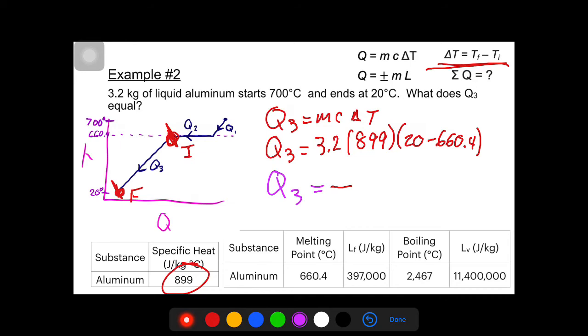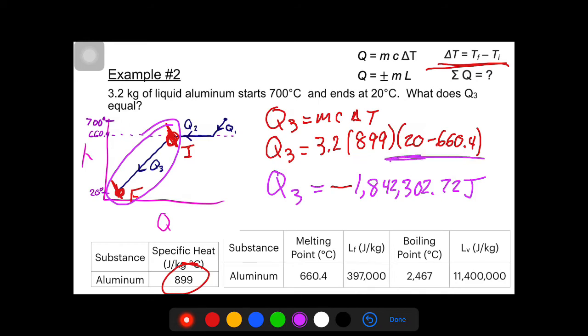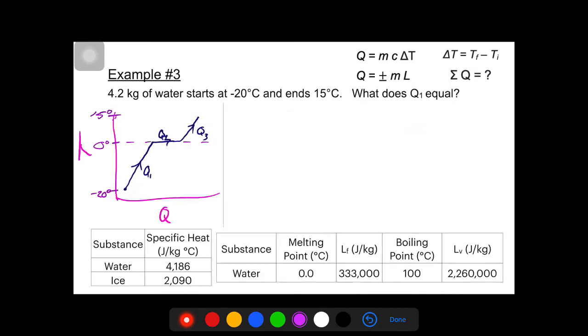So my overall value is negative 1,842,302.72 joules. Okay, it lost heat, therefore it's going to be that negative number. But we're only looking at that Q3, so those are the temperatures we're using there.